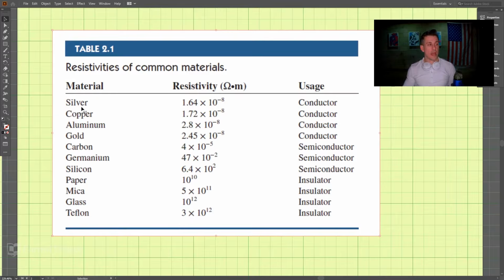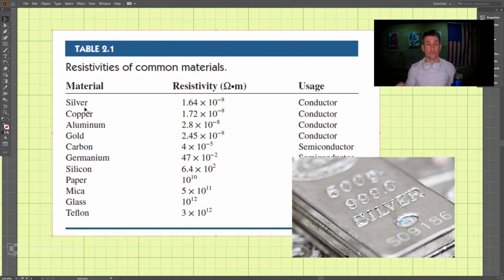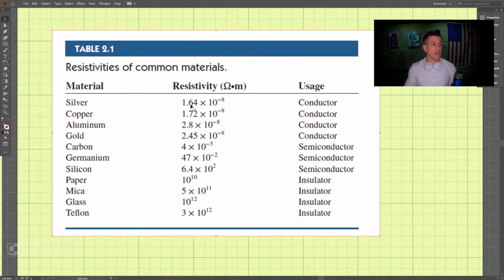So we have silver, which is very expensive, costs a lot of money, and it has a very low resistance, meaning that electricity or electrons are going to flow very quickly through it. So we use silver in computer parts to make sure that things are conductive. So we call things with very small resistances conductors.